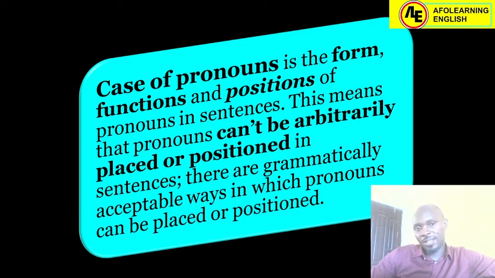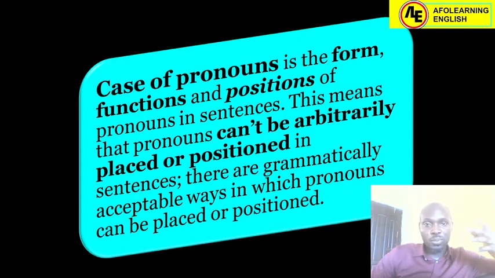It tells us that pronouns can't be arbitrarily or haphazardly positioned in sentences. It clearly shows that you can't just use or position your pronouns in sentences. There are grammatically acceptable ways in which we position our pronouns. Then when we position these pronouns, depending on the case of pronouns, their forms also change.